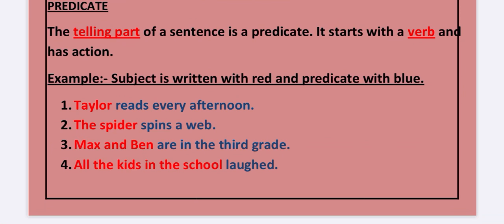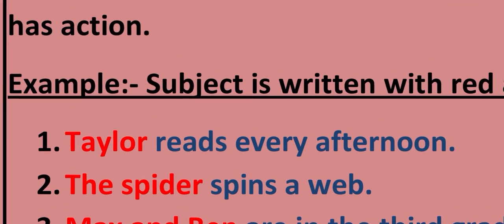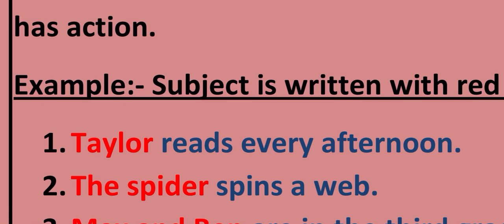First, who, and second, what is the verb in this sentence? So Taylor reads every afternoon. Who reads every afternoon? Taylor. So the who part is the subject. So Taylor is the subject. Now what he does, or what the subject is doing, is the predicate. So reads every afternoon is the predicate.